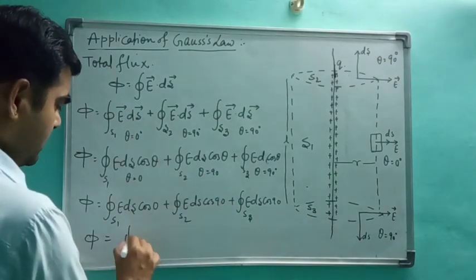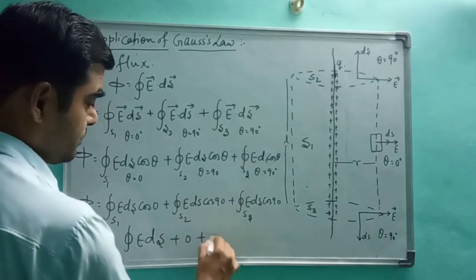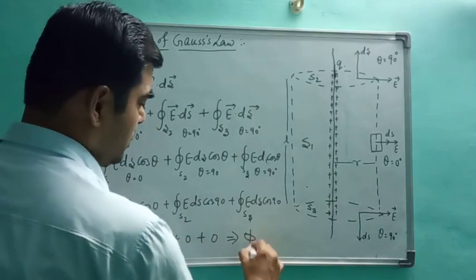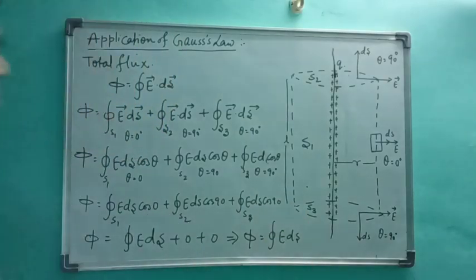So the integral of E dot ds, and the others are 0. So phi is equal to the integral of E dot ds. Write this down. This derivation and the figure, draw very carefully in your notebook.